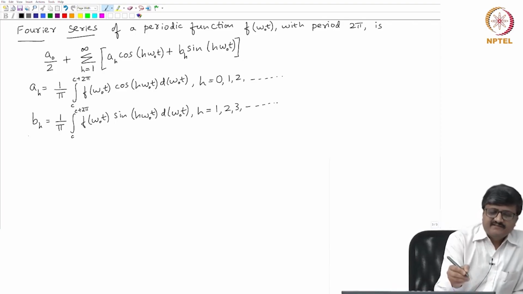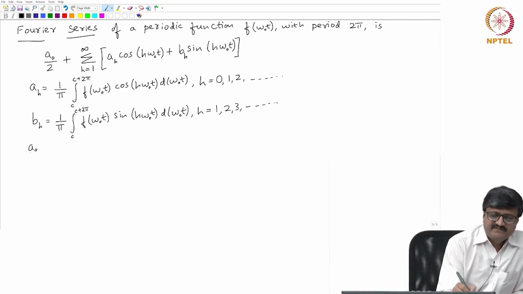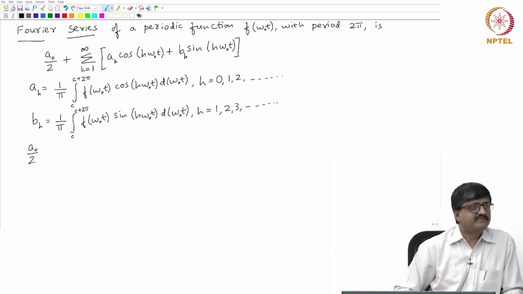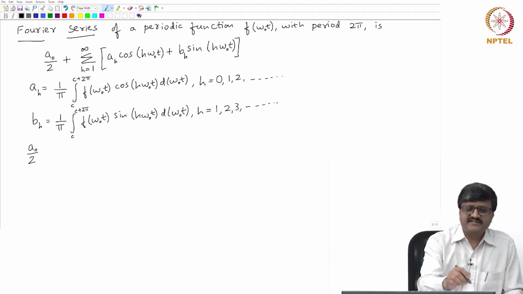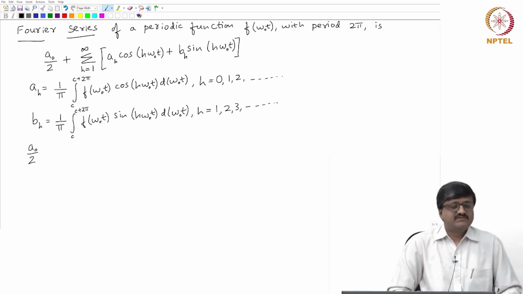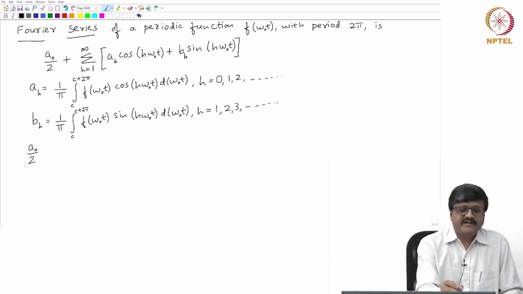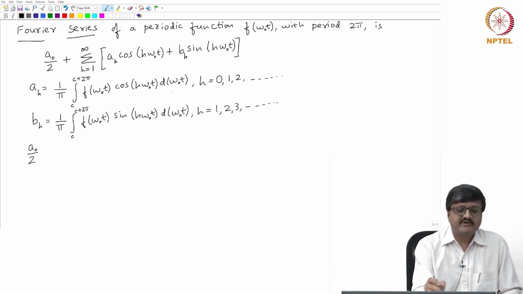So, if I take the first term A0 divided by 2, now, if you look at the expression, you have to look at the expression for AH with h equal to 0. So, if h is equal to 0, what happens to cos h omega ot? It is 1. So, if you take 1 by pi integral of f omega ot with respect to omega ot between these two limits, what do you get?